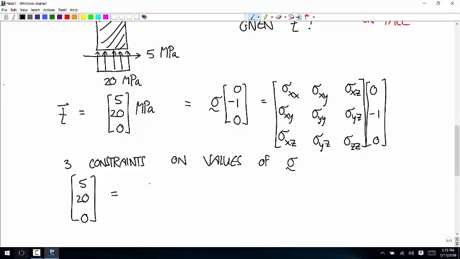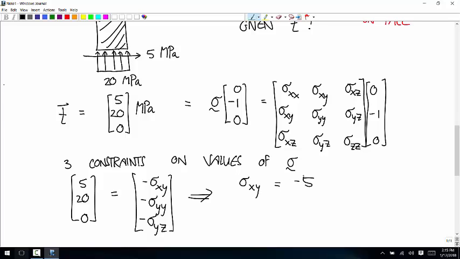You get negative sigma xy, negative sigma yy, and negative sigma yz. And so what we know is sigma xy is equal to -5, sigma yy is equal to -20, and sigma yz is equal to 0.